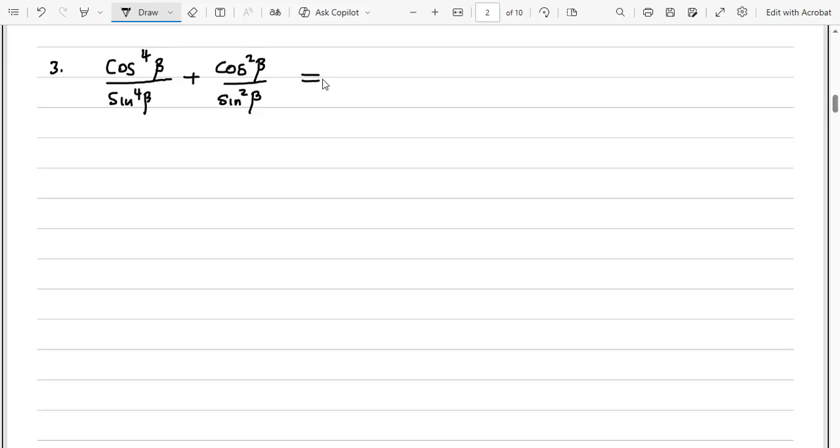So this is equal to 1 over the sine to the power 4 beta minus 1 over the sine squared beta.